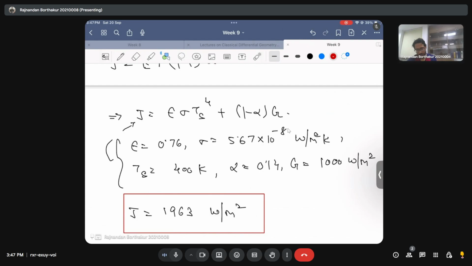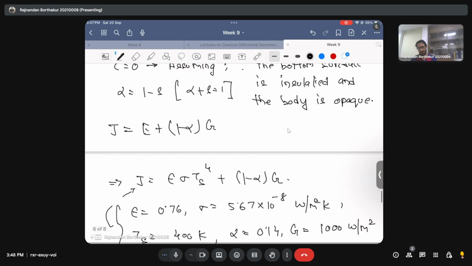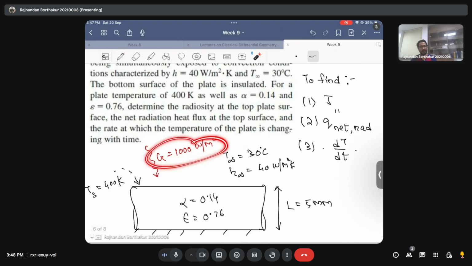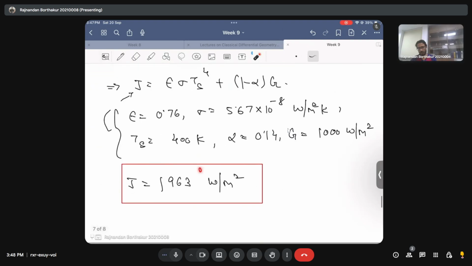That much is your radiosity. So you can now understand that the irradiation was equal to 1000 and your radiosity is equal to 1963, which is greater than 1000.